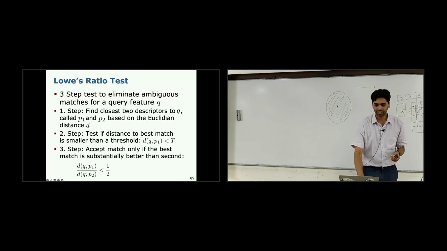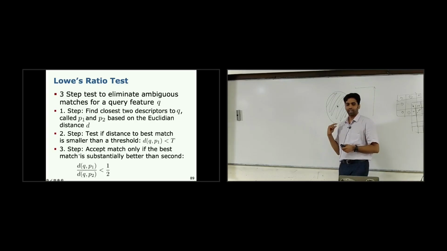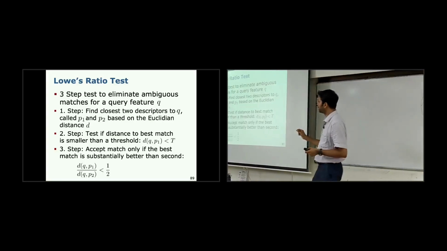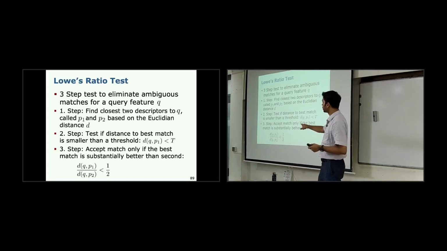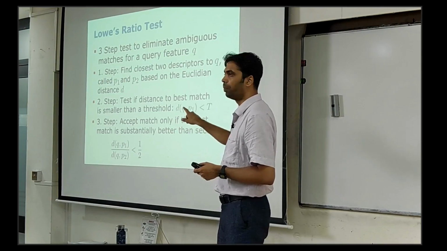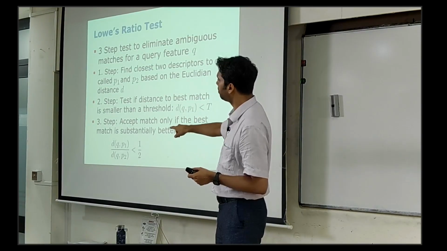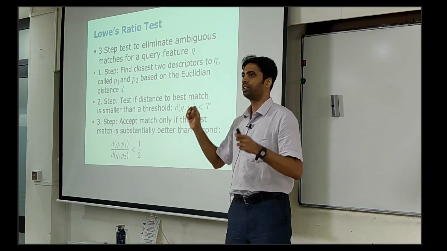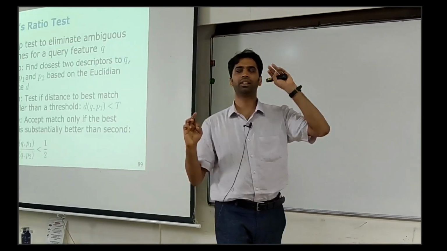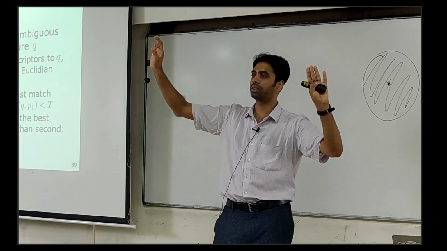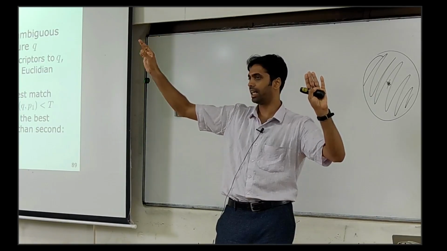But the next test is actually quite interesting. The third test says only accept those features as matches where the best match, which is the distance between Q and P1, is at least twice as good as the next best match between Q and P2. So you compute 2 distances between the descriptor in your query descriptor and your best match in the other image.